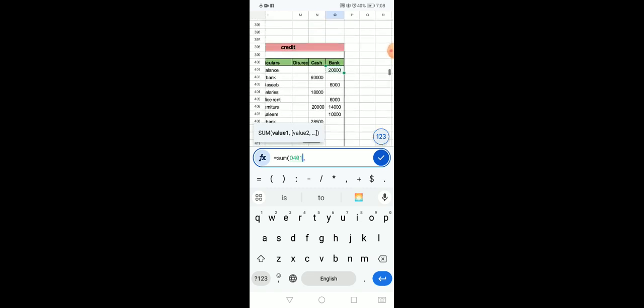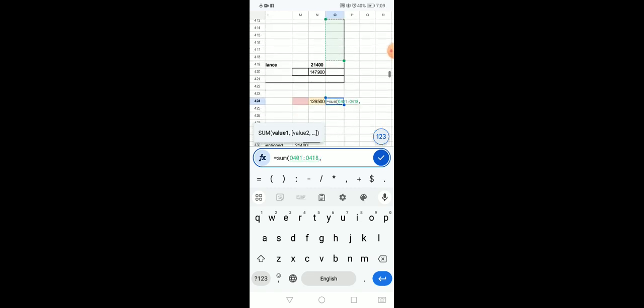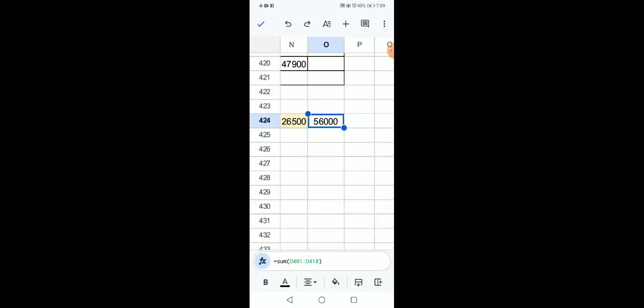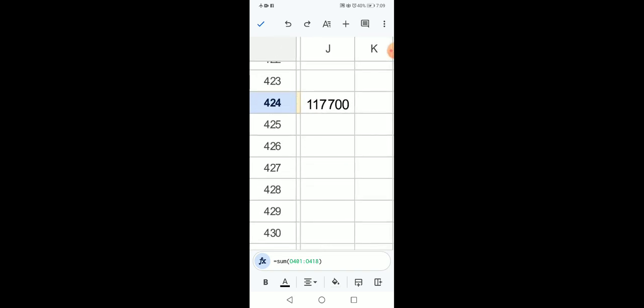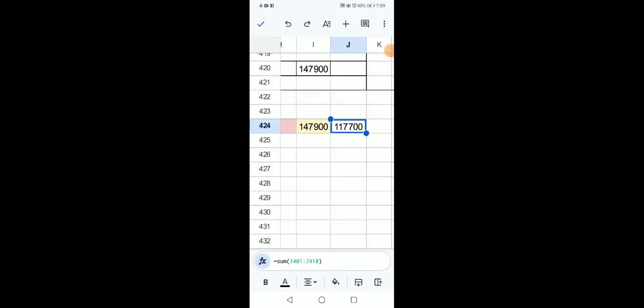All the amounts present in the credit side of the bank, you will calculate the sum. Here you have two totals. Sum on the debit side is 117, and sum on the credit side is 56.